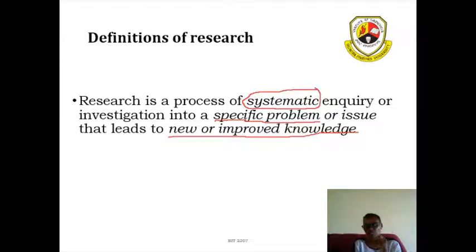The expectations are not as high for you as, for example, for a master's or PhD student. But ultimately, that's what research wants to do, to bring new or improved knowledge. Knowledge is the key point of research. You're bringing new or improved knowledge onto the table for other academics or other professionals to see and acknowledge this is new and improved knowledge.